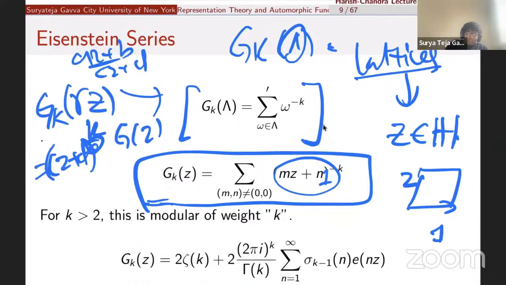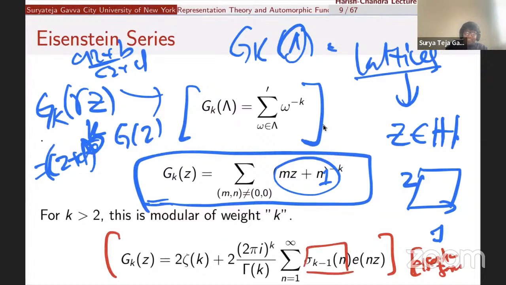Such objects are called Eisenstein series, so these G_k of Z's are called Eisenstein series. You can expand them; there are other expansions of the Eisenstein series which have some interesting arithmetic coefficients that show up. So all of it comes from simple averaging over the lattice.